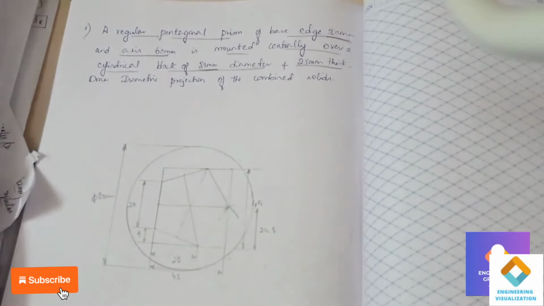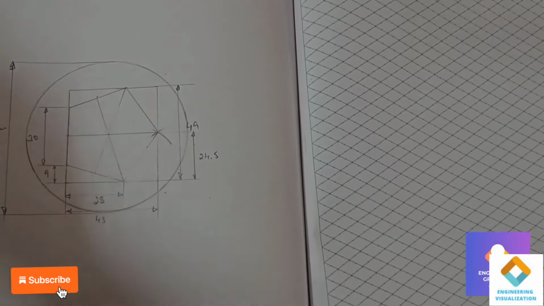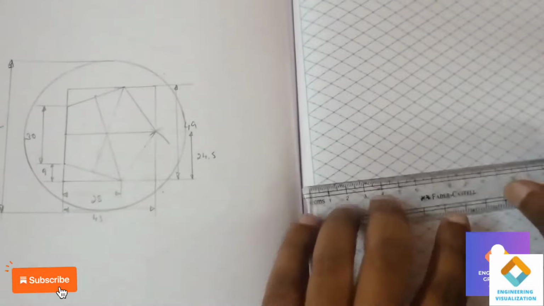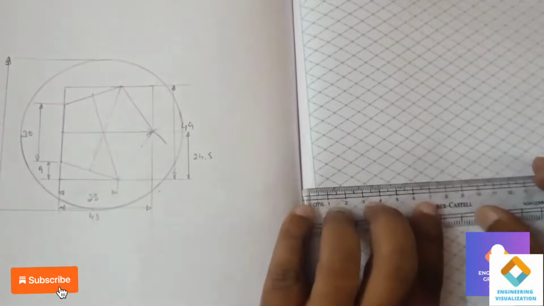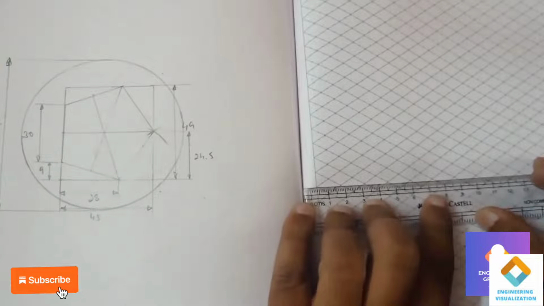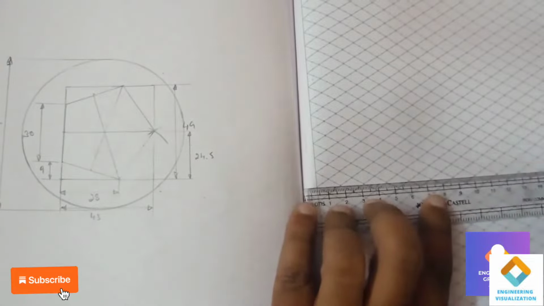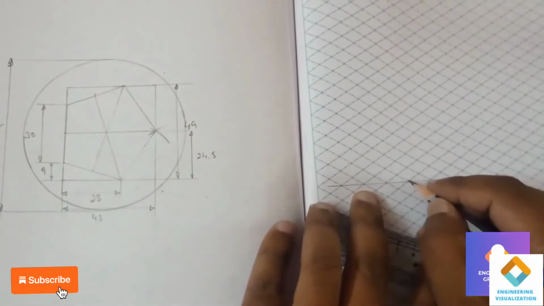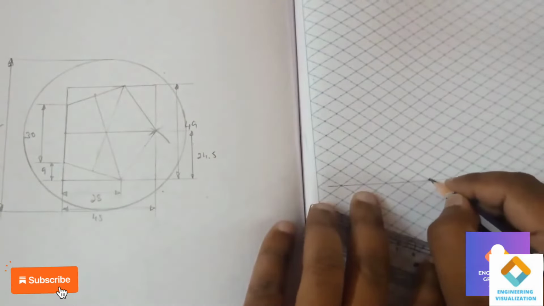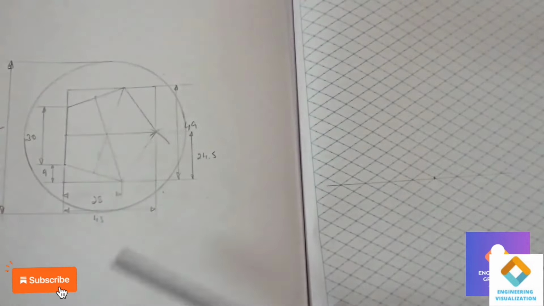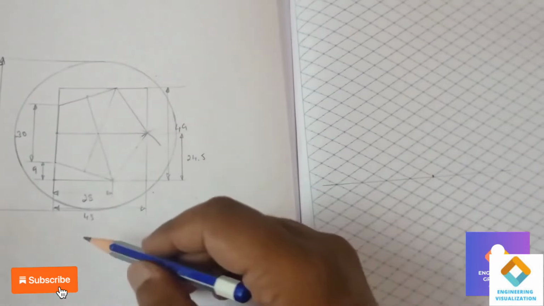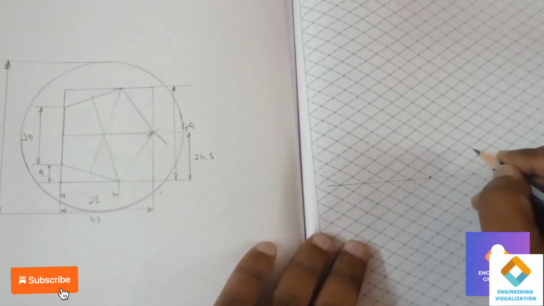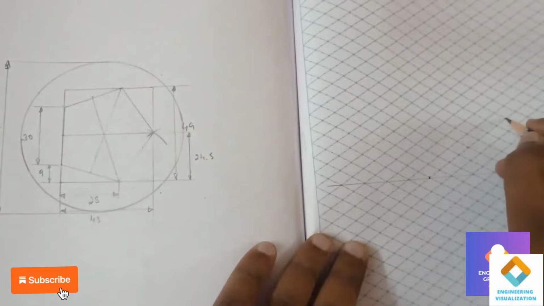Now we need to construct the isometric of it. First we need to construct a box of 80 by 80, that is an 8 by 8 box. First I will draw a reference line, then take a reference point. From that reference point I'll count 8 boxes: 2, 3, 4, 5, 6, 7, 8.